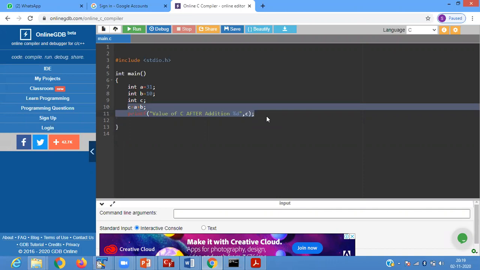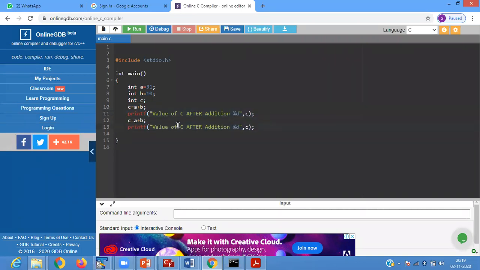Then next program, subtraction is c. c equals a minus b. Then c equals a into b, it is a multiplication.